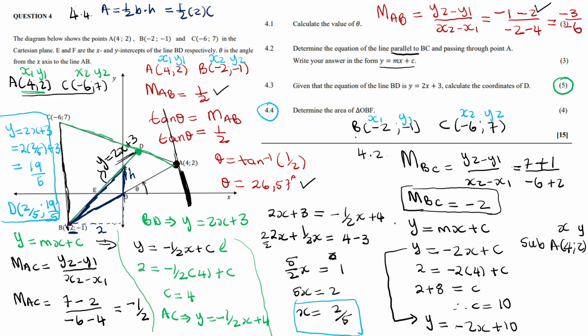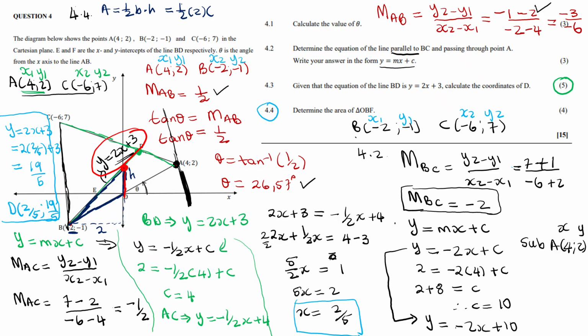The height is this part. Please don't make a mistake on this one. The height is this part. We just need to know what this point here is, which is the y-intercept of this equation. We find the y-intercept if x is 0. If you put 0 where there's x, you're going to get that your y-intercept is 3.